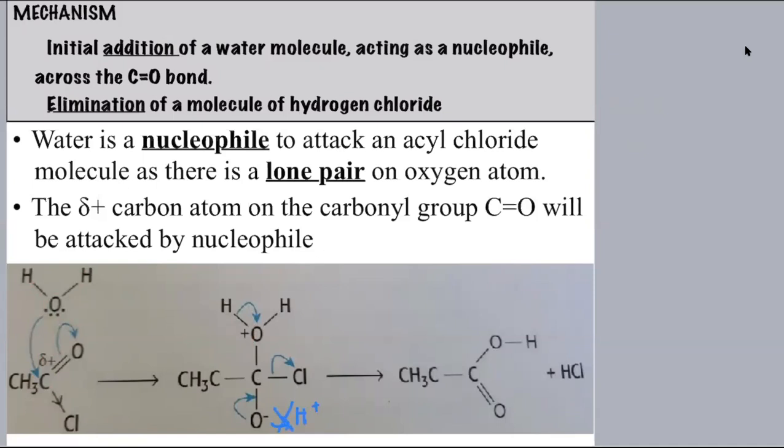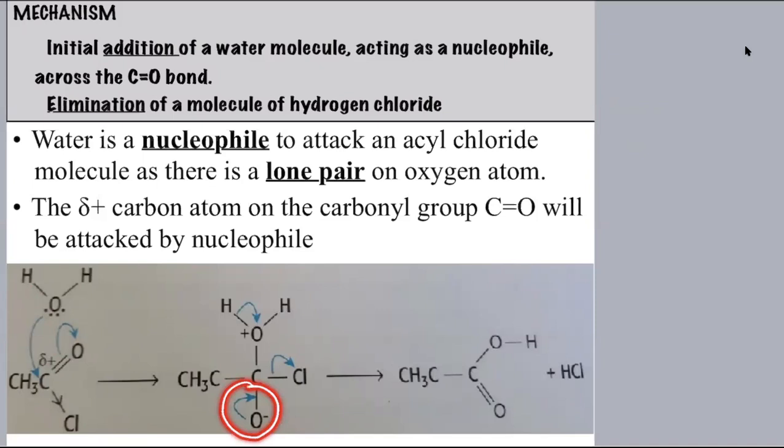Instead of picking up a hydrogen, it reforms the double bond, C double bond O. So this part. A lone pair from the negatively charged oxygen is reformed, is remaking the bond with carbon.